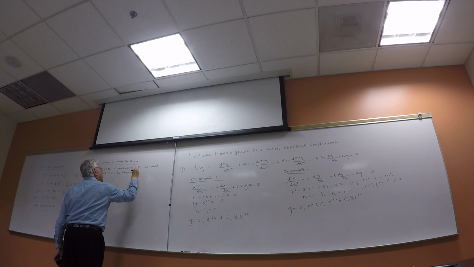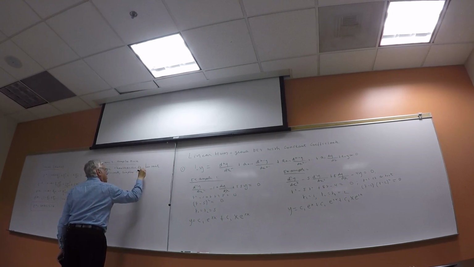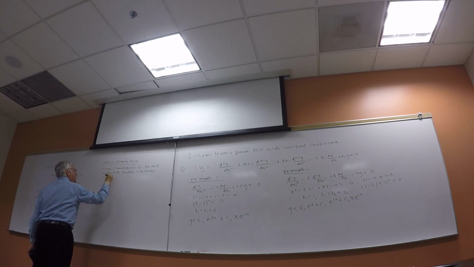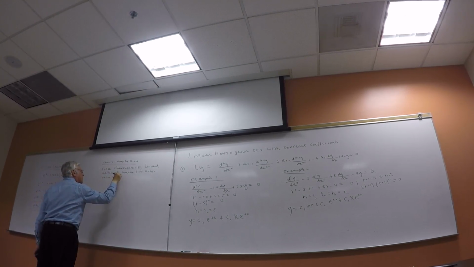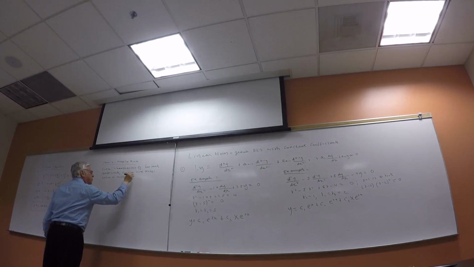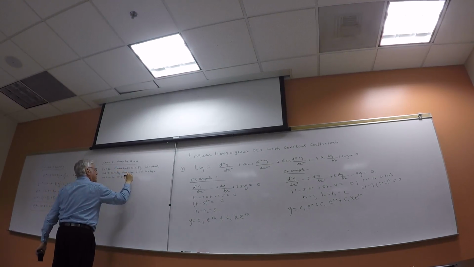And you'll see this when we do examples also. Complex roots always occur in conjugate pairs. And again, hopefully I'll remind you what conjugate means.